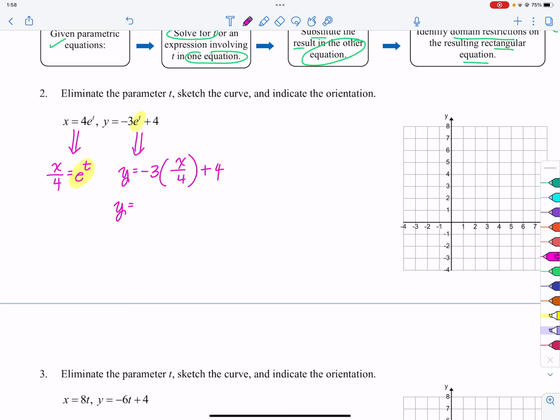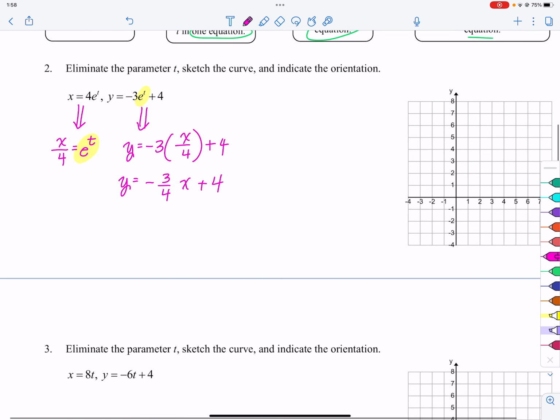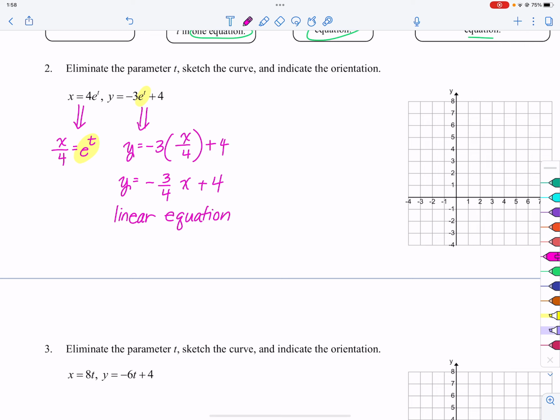That's y equals -3/4 x plus 4. So this is a linear equation. We have a slope of -3/4, and we have a y-intercept of 4.